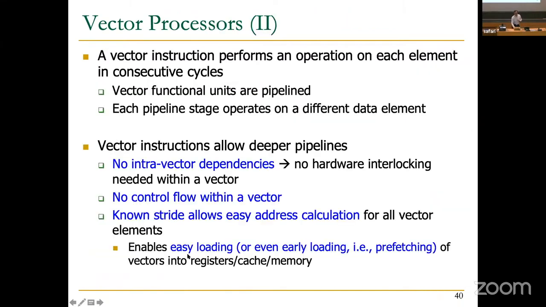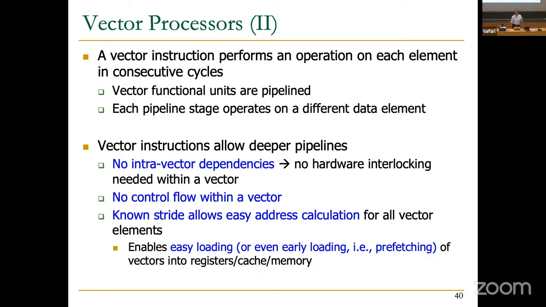So that helps easy loading of vector registers into registers, cache, or memory, or even early loading or prefetching, because these are really predictable addresses. We're going to talk about prefetching in one of the later lectures, but this sort of predictable constant stride helps a lot. But we will see that the address generation unit is essentially you have a base address and then you keep adding the stride to it. And I'm going to show you an example of that.